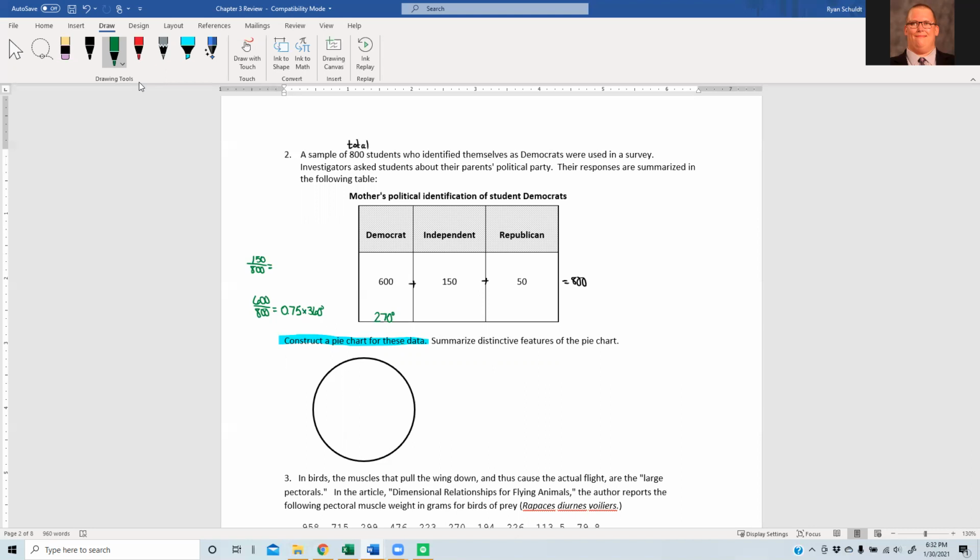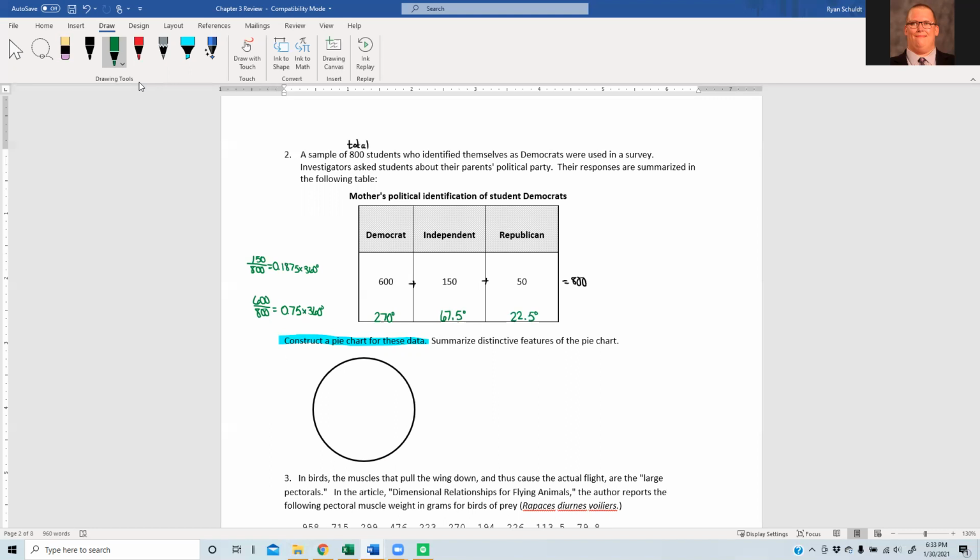That would be 0.1875 times 360. So 67.5 degrees. And then that means the 50 is the rest. So remember, our circle is 360. So I'm just going to subtract the other two, because this gives me 22.5 degrees.